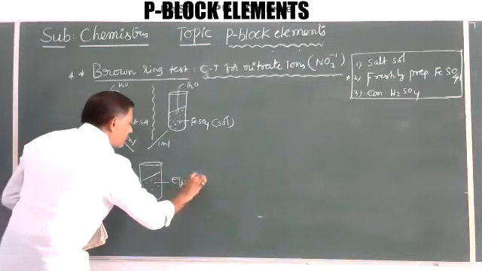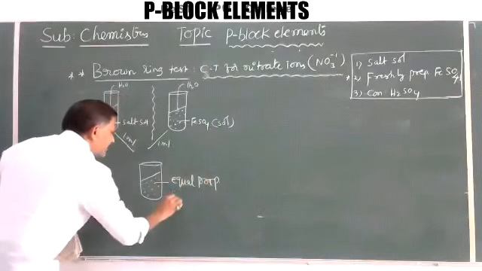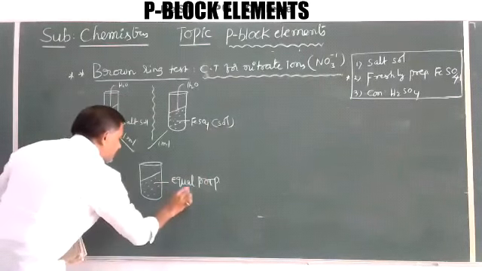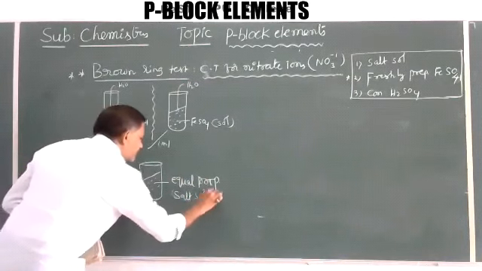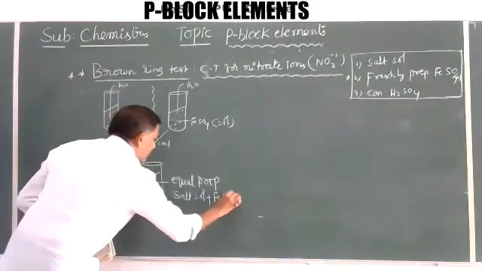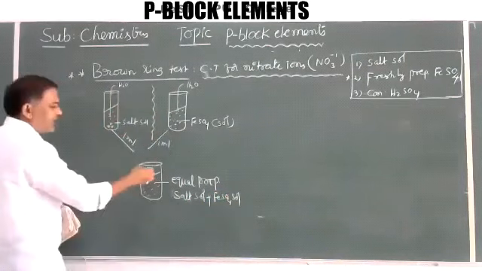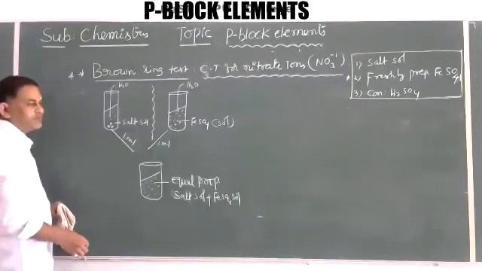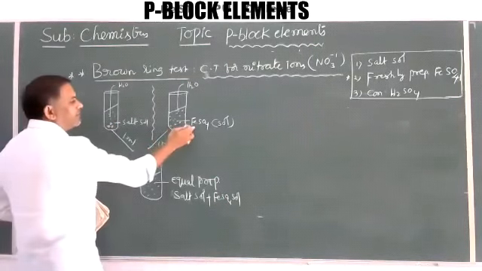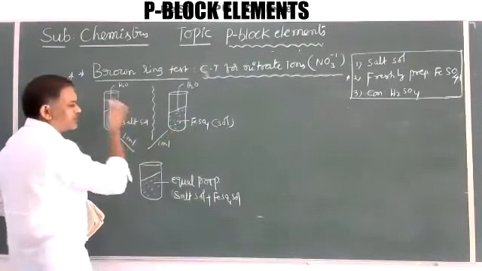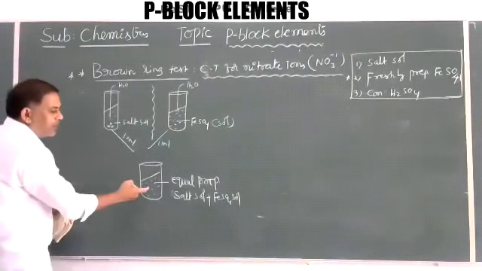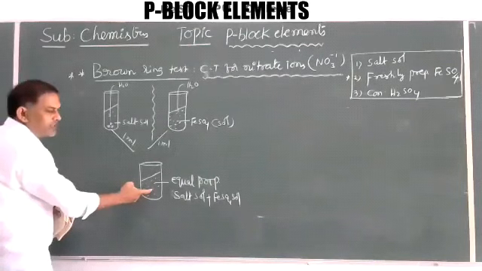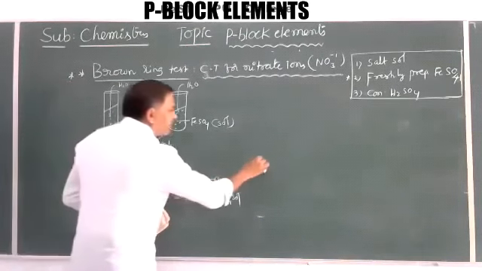We don't know whether the salt contains nitrate or some other basic group radical. Salt solution plus FeSO4 solution, then stir it. While preparing FeSO4, add 1 or 2 drops of H2SO4 to acidify it.